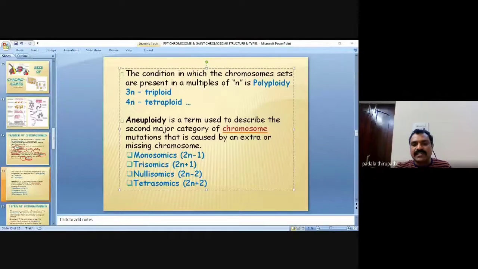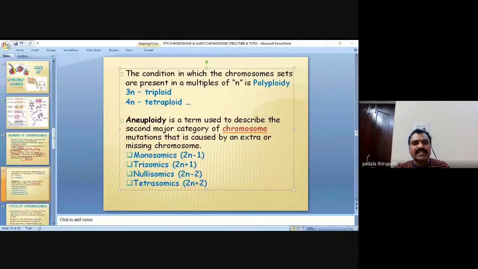If it is a diploid condition but one chromosome is missing, we call it monosomic. Mono means one. One chromosome is missing.